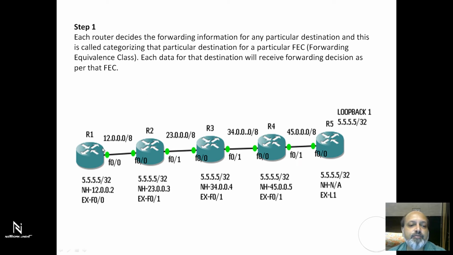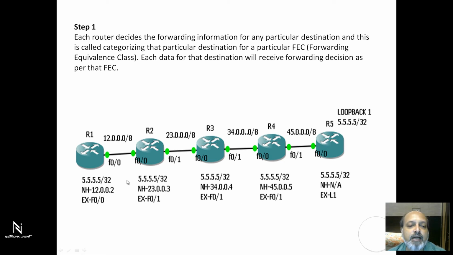R2 knows that if I want to go to 5.5.5.5, my next hop should be 23.0.0.3 and my exit interface should be F0/1. Similar things also happen for R3, R4, and finally when you go to R5, R5 knows that there is no next hop because the destination network is directly connected to my loopback.